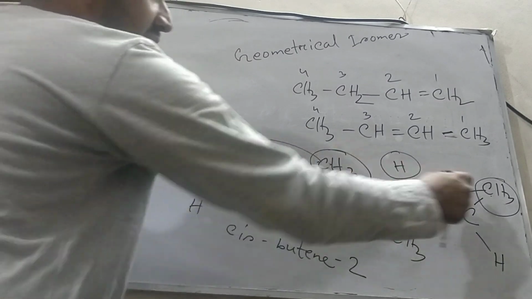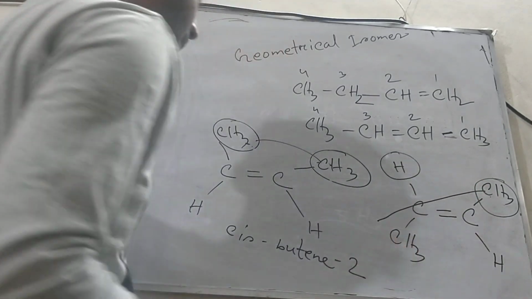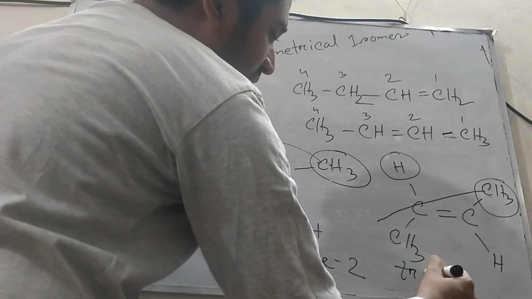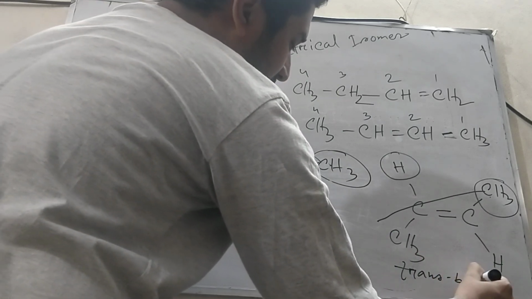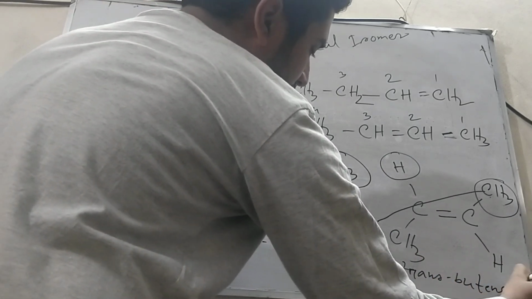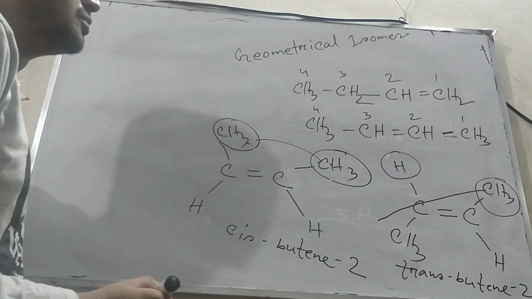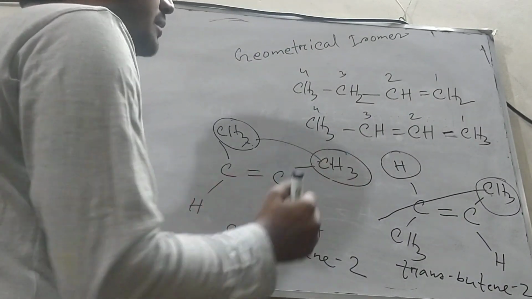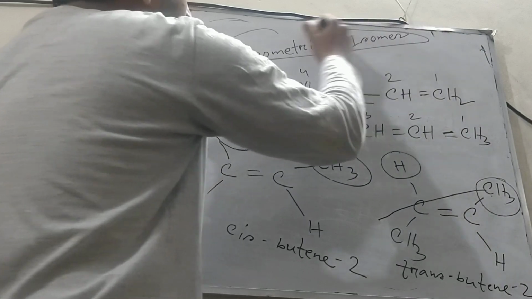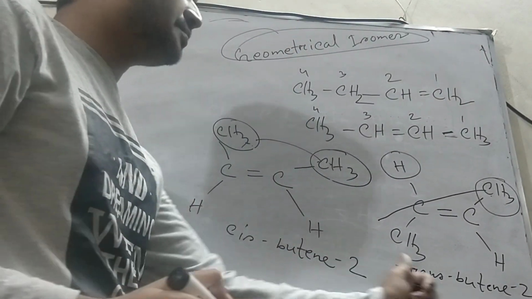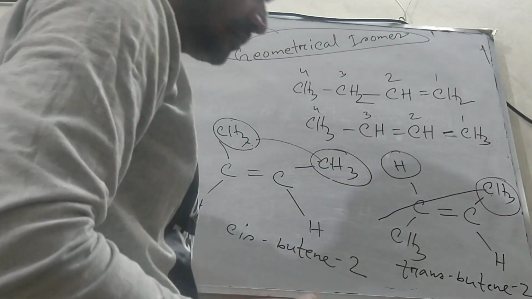It's straight, but it's not straight. Okay, so that will be said trans butene 2. So that's why it's said geometrical isomerism or cis trans isomerism.